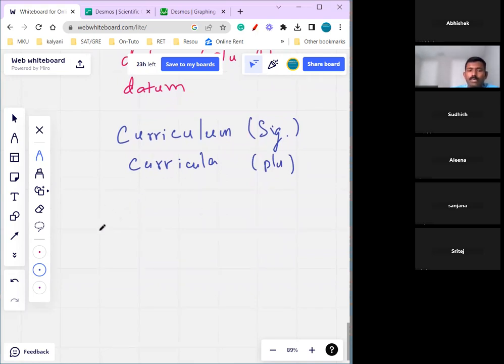How about media? Is media singular or plural? What do you guys think? You can put it in the chat box, or you can say it. Either way, it's fine. Come on, I have only got 5 or 6 answers.